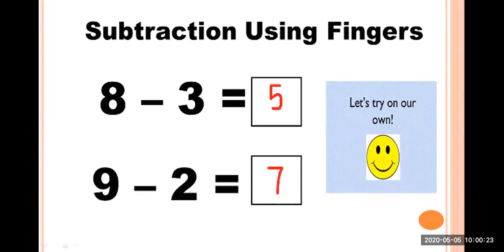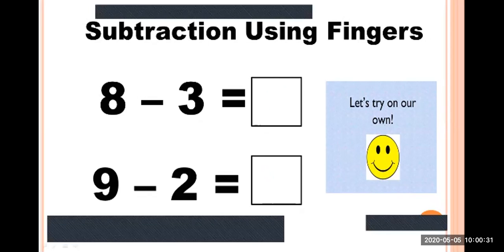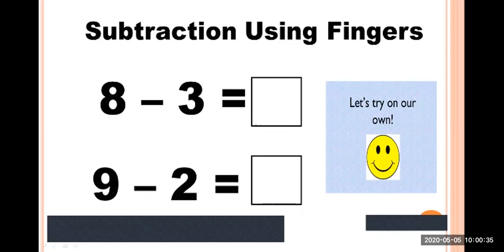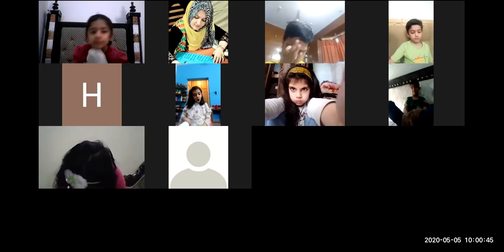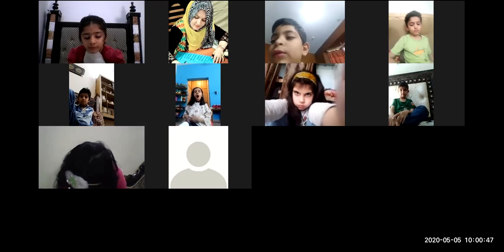So this is how we can use our own fingers to subtract numbers easily, without any hurdle or without any drawing or without wasting much of our time. These are the two methods which we have learned today. Before going to start subtraction stories, I'll take a test of the things which we have learned.